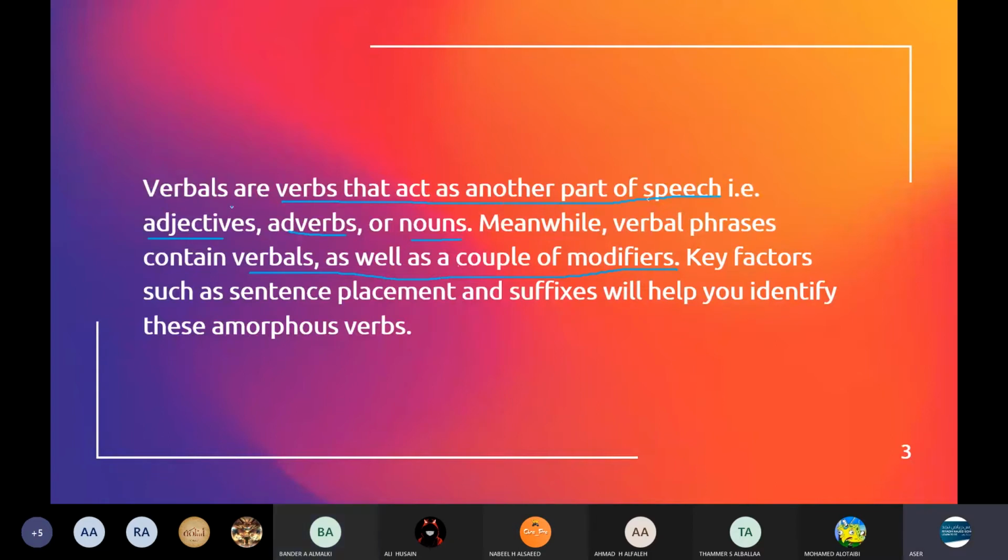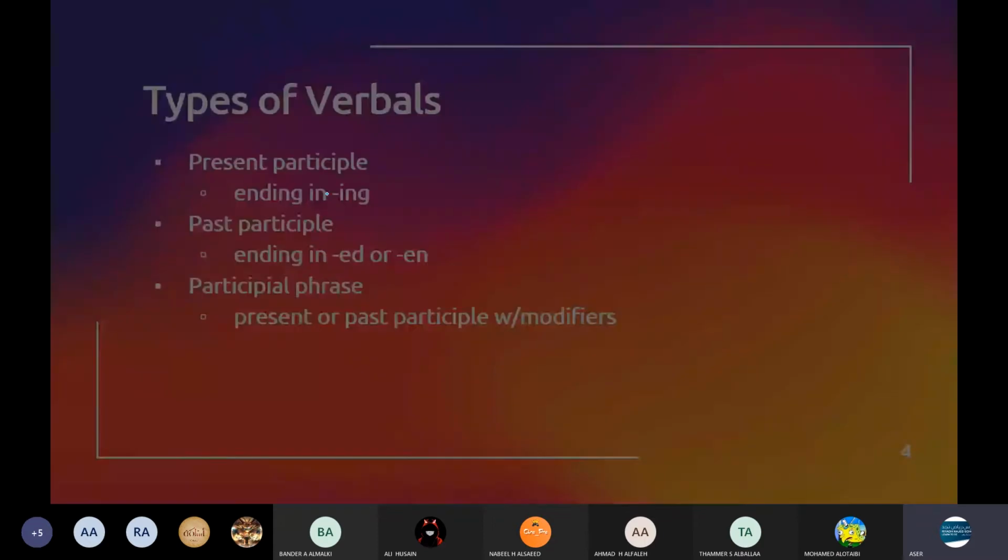So simply we're speaking about the verbals, and those verbals act as another part of speech, like adjective, like adverb, or even a noun. To include it within the title verbal phrase, meaning that it has a couple of modifiers. So it's not just one word.